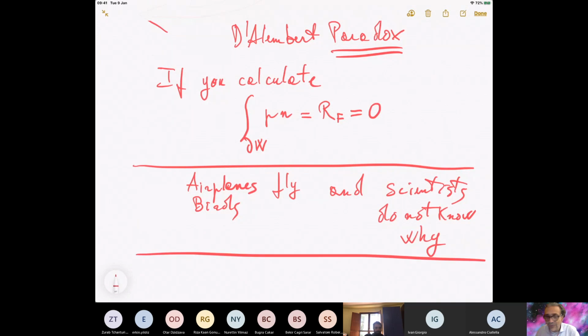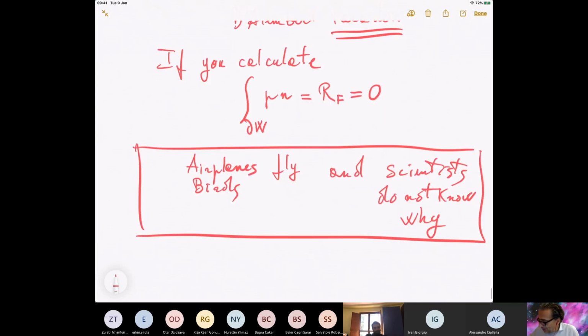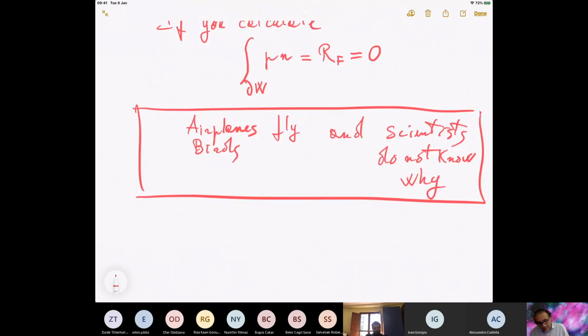Of course, this is a fake statement. It is fake news. It is like the fake news that in Pennsylvania the vote has been tricked. It is absolutely fake news.